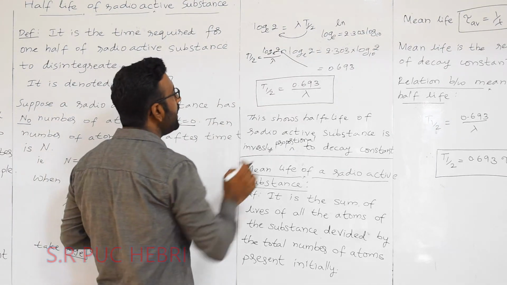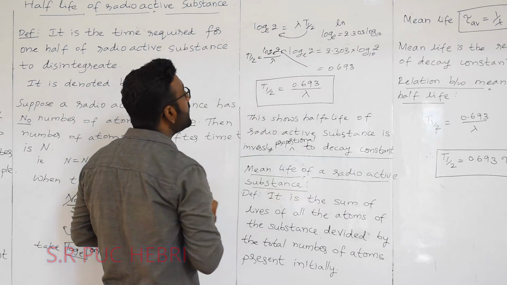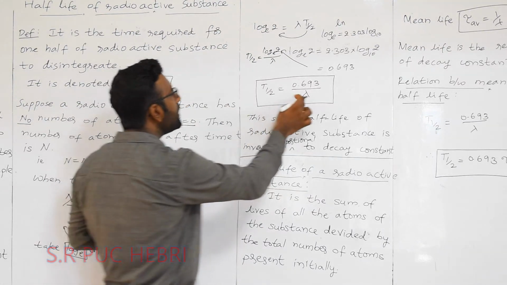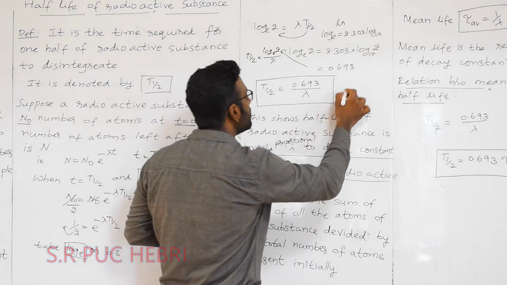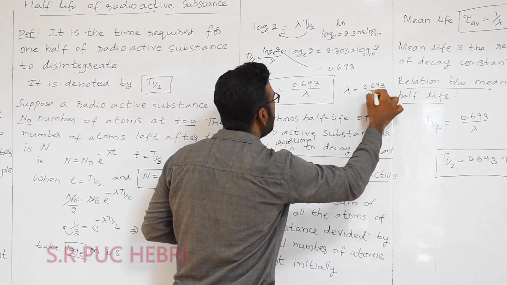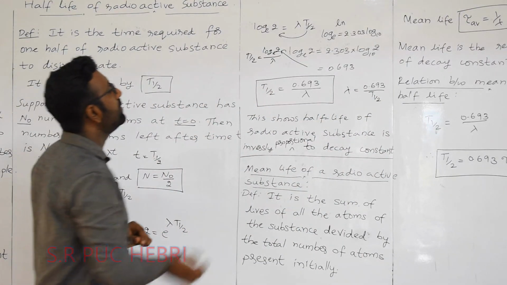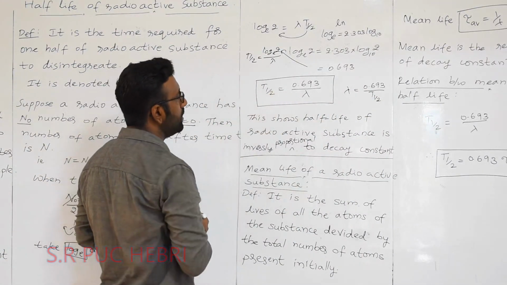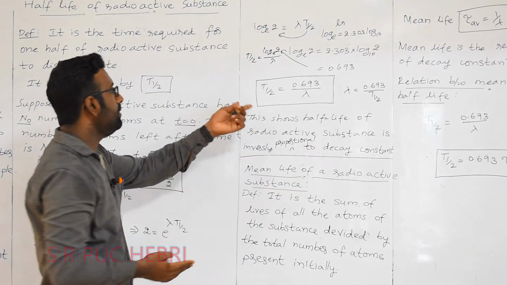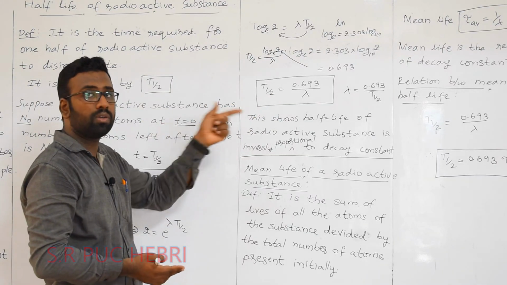It indicates that the half-life and decay constant are inversely proportional to each other. If I want the decay constant from this one, what I can do is 0.693 divided by t half. So I can just interchange the position of these two terms. This equation will be used in solving problems related to that. You have it in your syllabus.